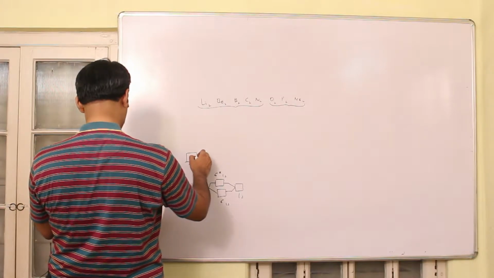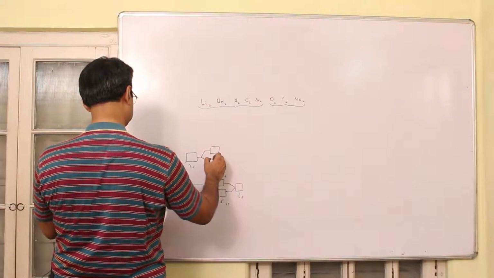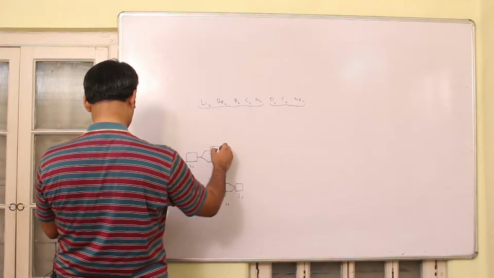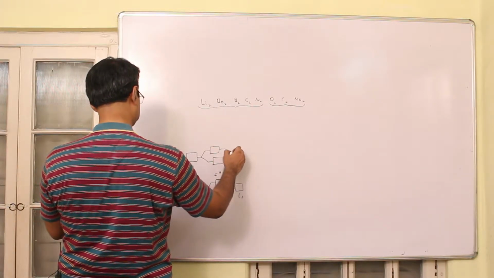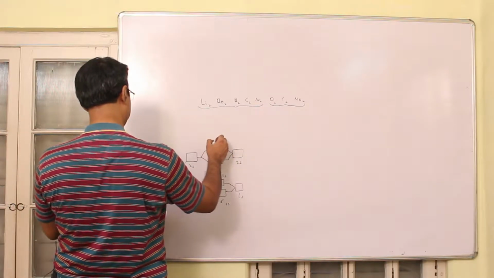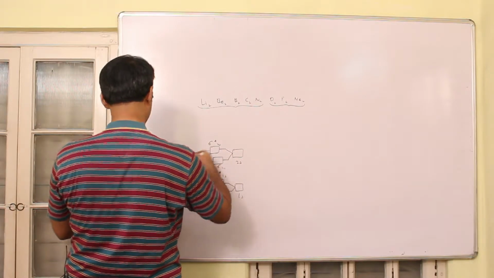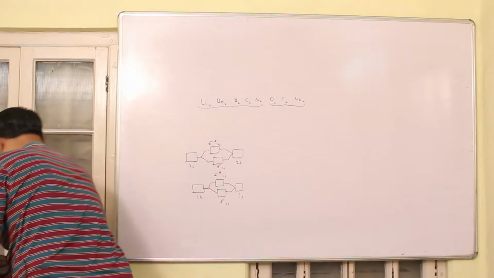Then you have 2s overlapping with 2s to give sigma 2s and sigma star 2s.